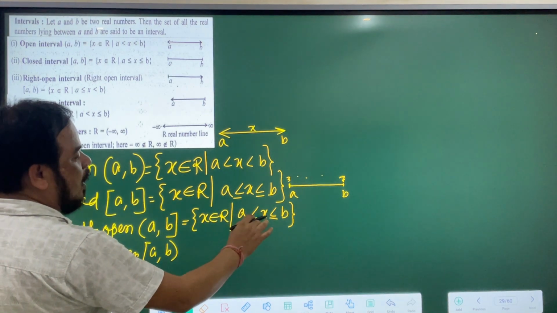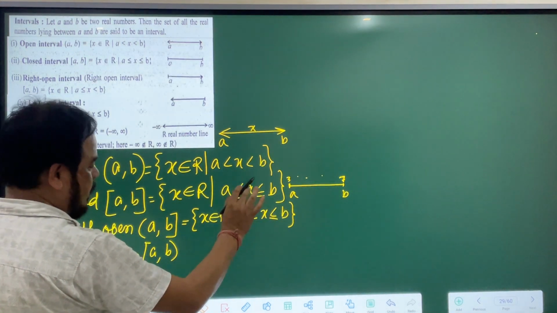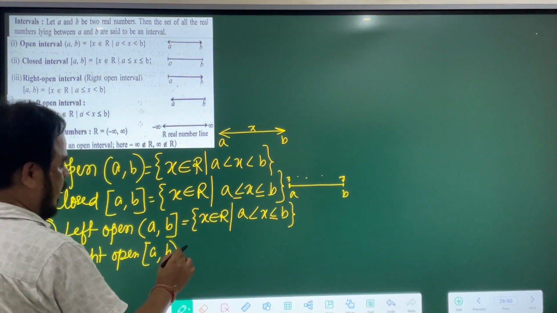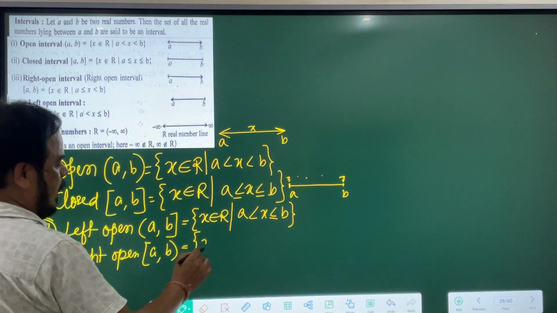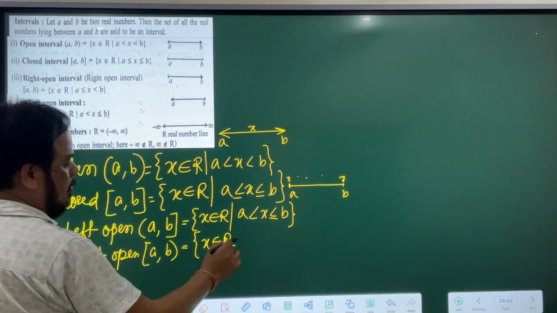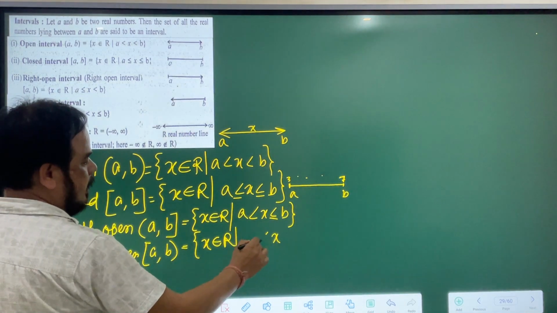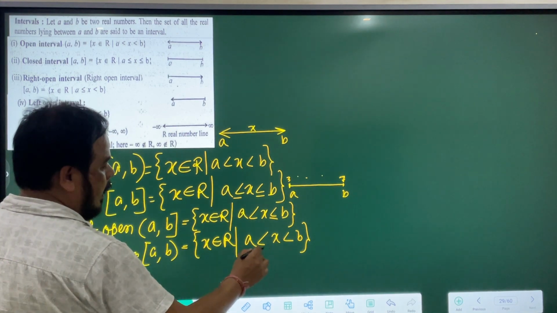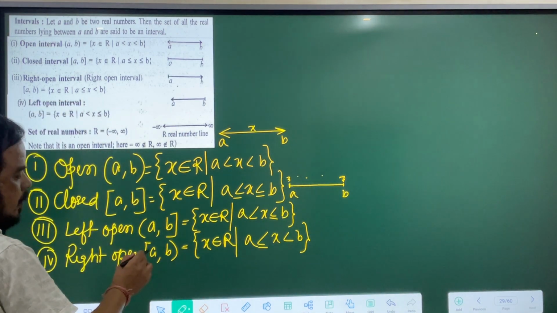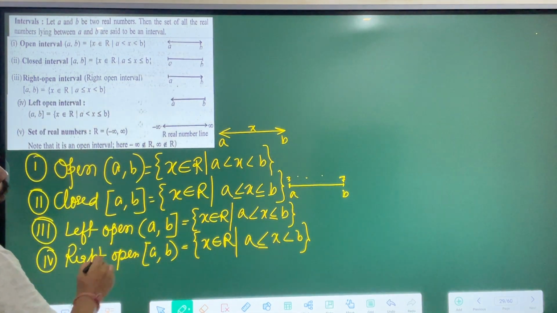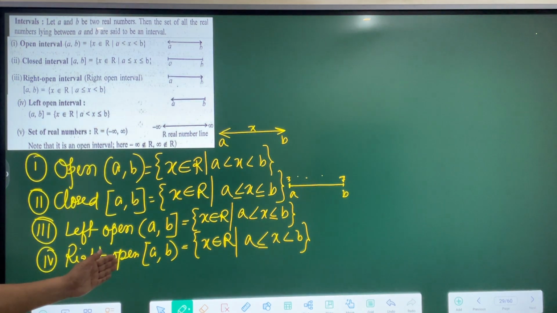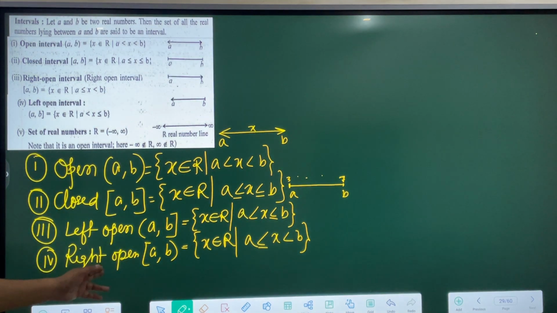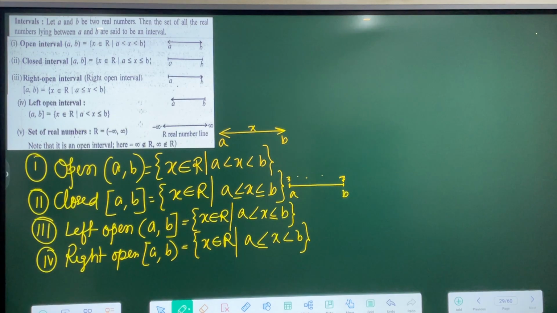And X is smaller than or equal to 7, and we will write 7. Already I explained here. So this means X belongs to real numbers. Here we will put the equal sign because B is closed. Right open, left open.